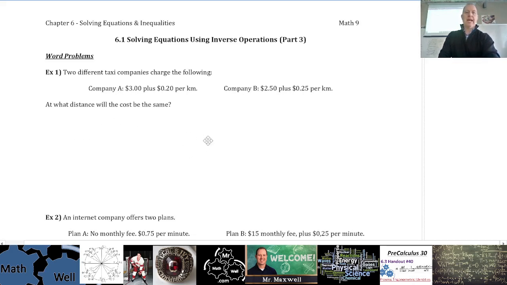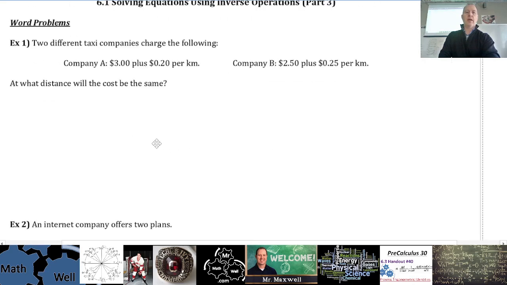So, two different taxi companies charge the following rates. Company A is $3 plus $0.2, or 20 cents, per kilometer. Company B is 2.5, or 250 cents, plus $0.25 per kilometer.